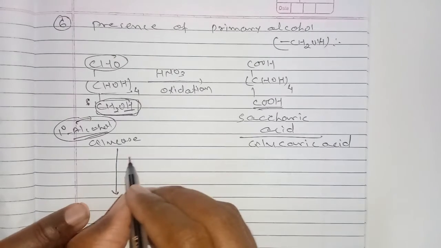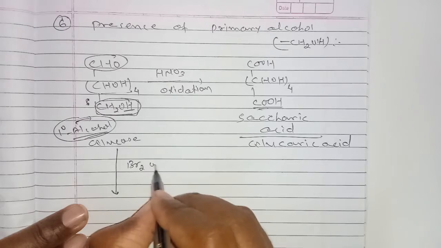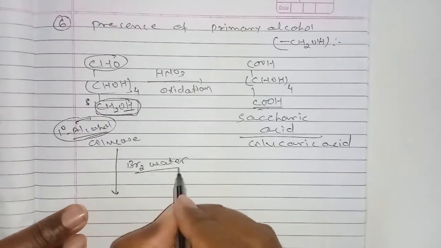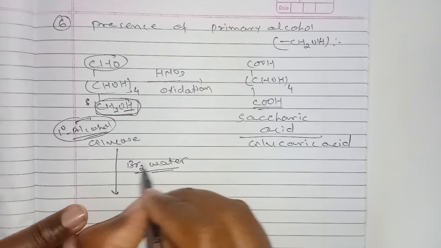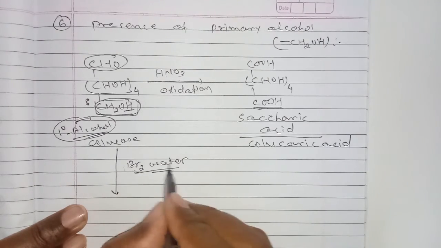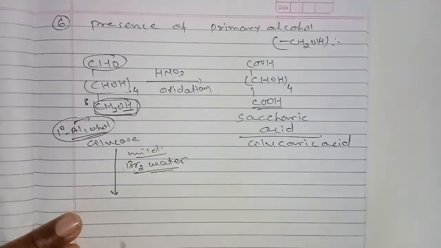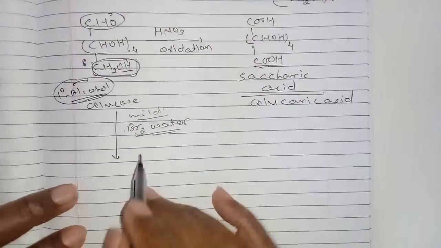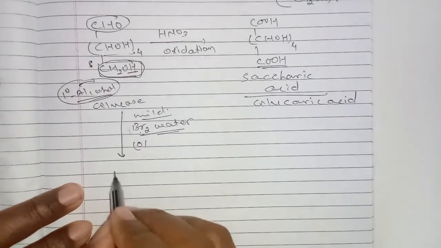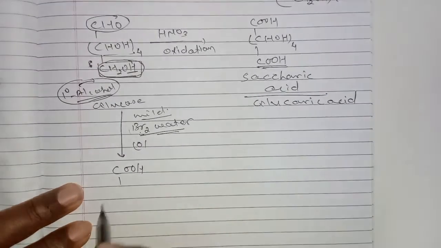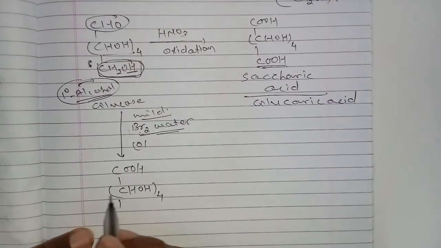While glucose oxidized with a mild or weak oxidizing agent like bromine water is converted to gluconic acid.